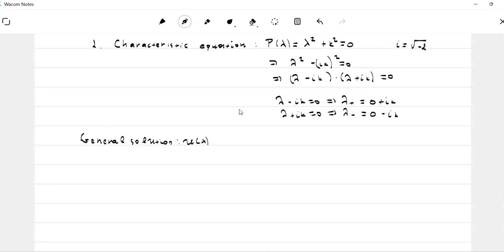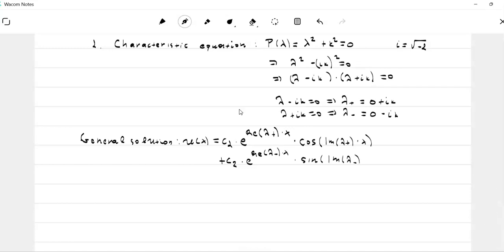u of x is c1 times e raised to the real part of lambda plus times x times cos of the imaginary part of lambda plus times x, plus c2 times e to the real part of lambda minus times x times sine of the imaginary part of lambda minus times x.